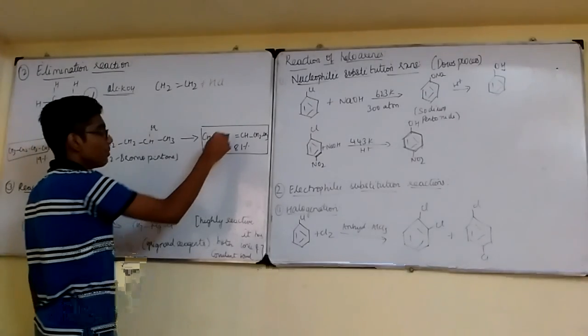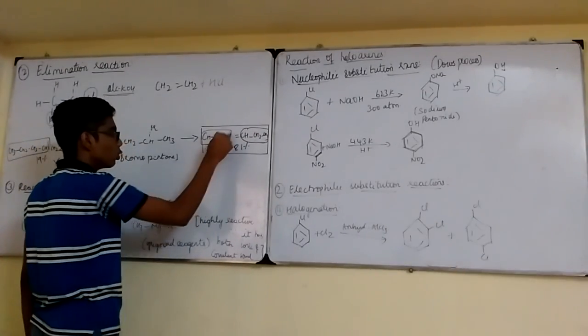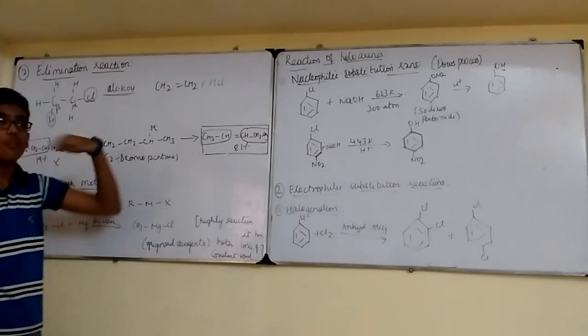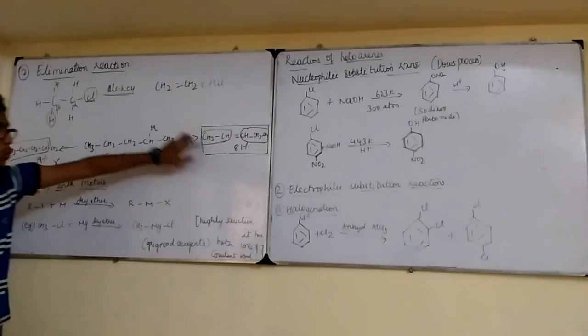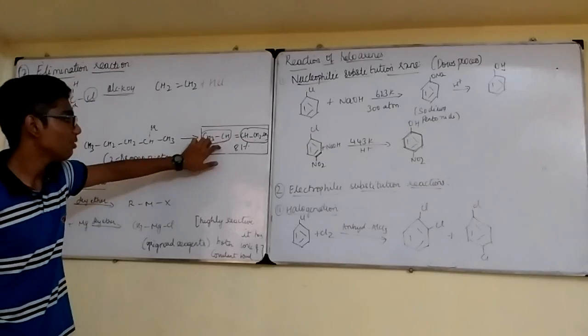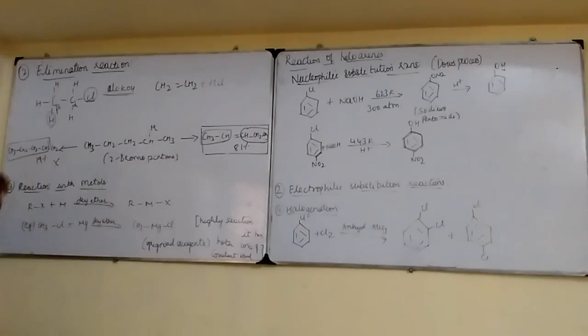But here, on either side of the double bond, you have two alkyl groups, so this is going to be the major product. So, if you have two beta carbons, you choose as the major product the one which has a greater number of alkyl groups on both sides of the double bond. This is about the elimination reaction.